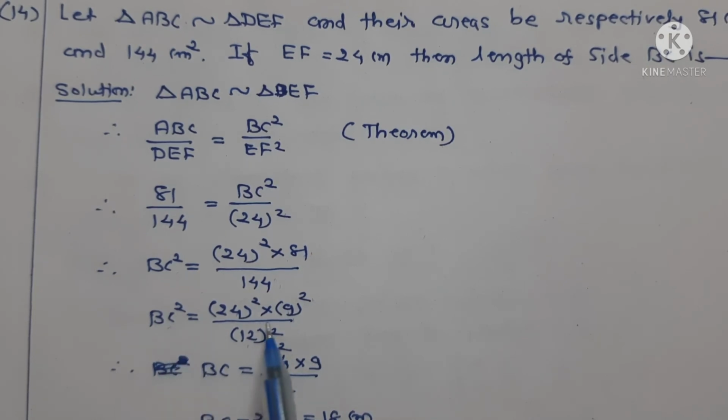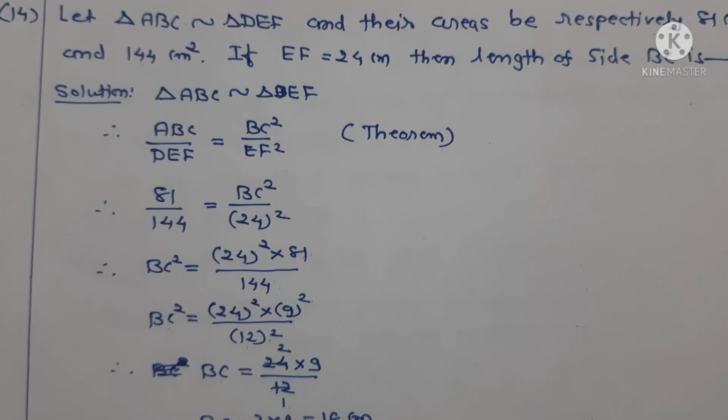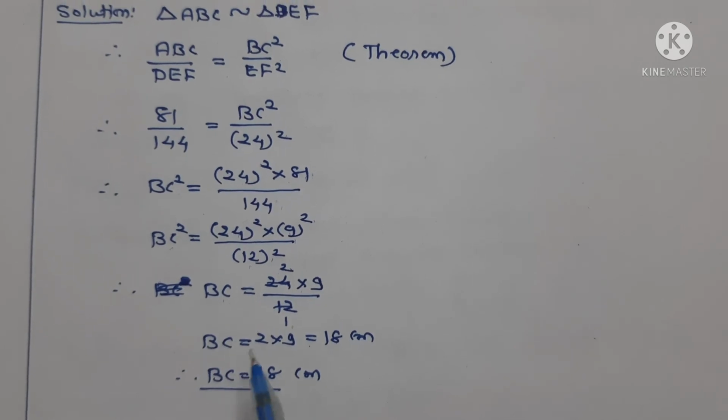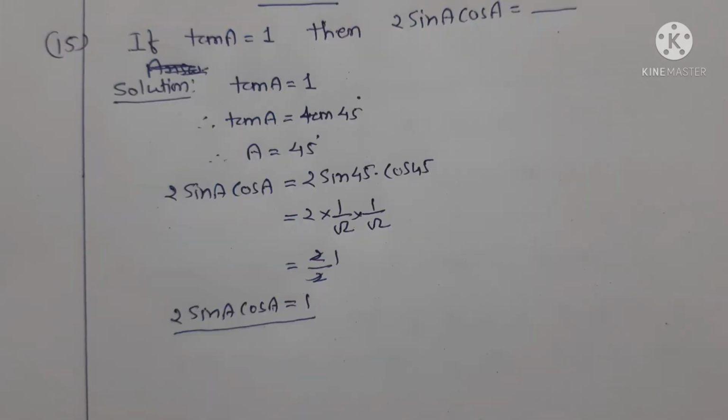Taking the square root both sides, BC equals 24 into 9 upon 12. 12 twos are 24, so BC equals 2 multiplied by 9 equals 18. Therefore the length of BC equals 18 centimeters. Now we start question number 15.